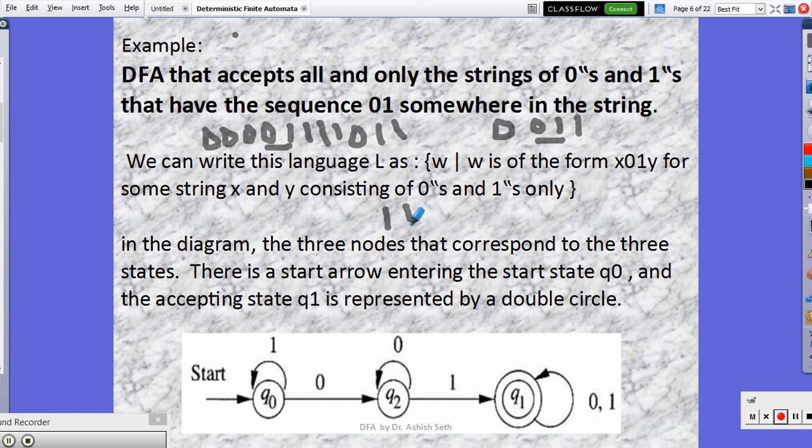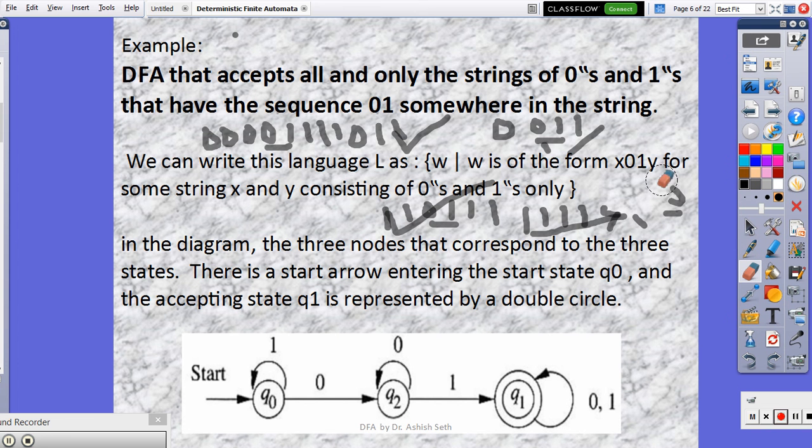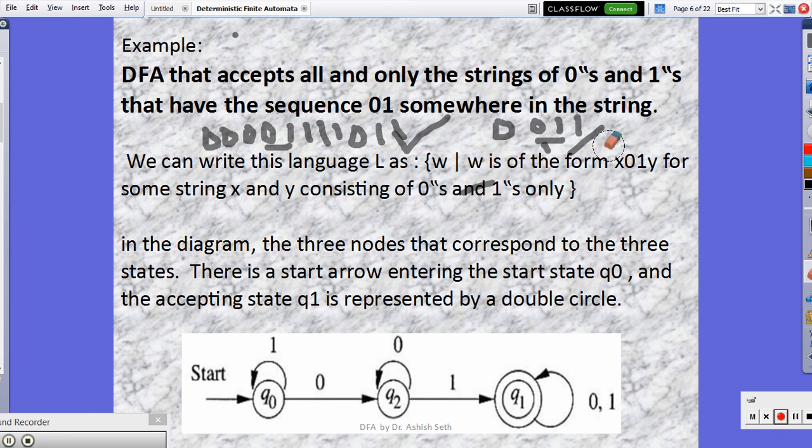If I write 1 1 0 1 1 1, this is also accepted because we have 0 1 somewhere in the string. But let's take the other example. If I write 1 1 1 1 0 0 0, this is not acceptable because we don't have the sequence 0 1 anywhere in this string. So this is not accepted, but the others are accepted. I hope you understood the question.